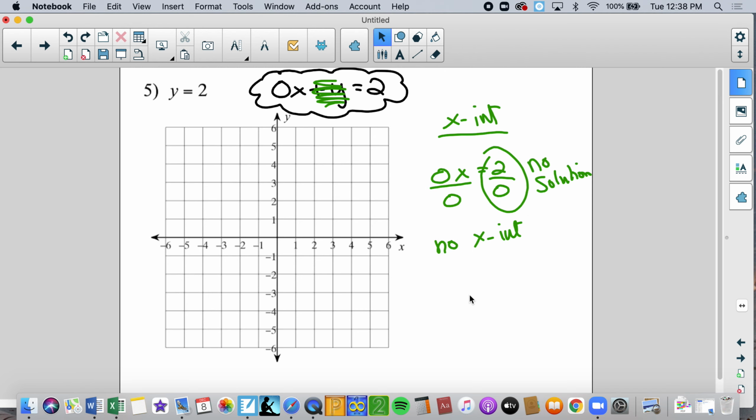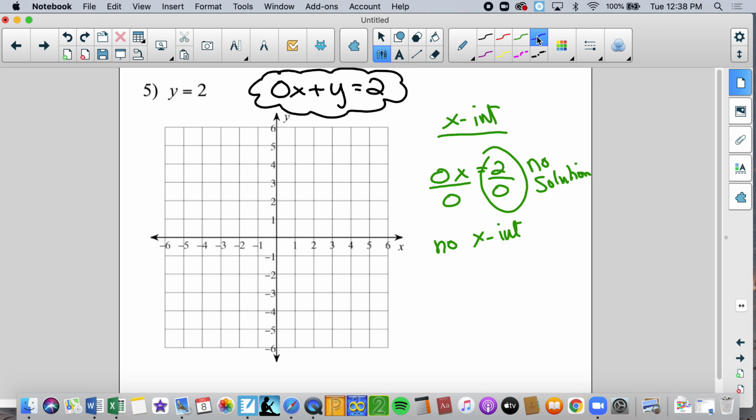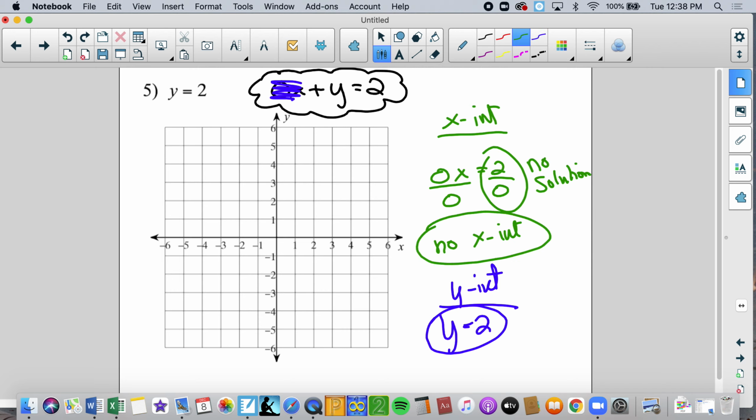Good. So in this one, there is no x-intercept. And then when we cross out the x to find the y-intercept, we get y equals 2. That would be my y-intercept. So my y-intercept is going to cross at 2.